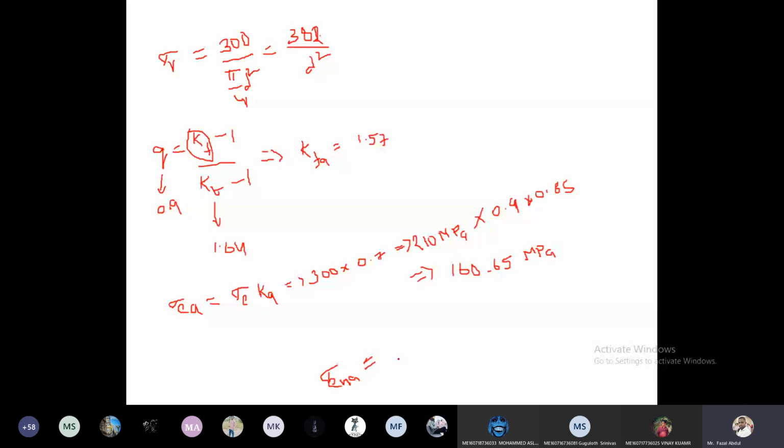So the mean stress is 191 by d square plus another value that also comes here in terms of d square. What is the value here?